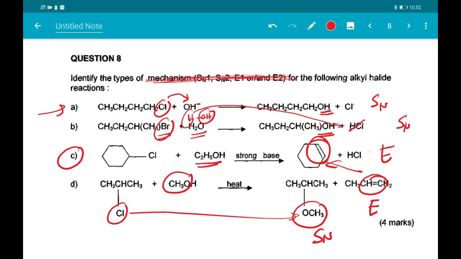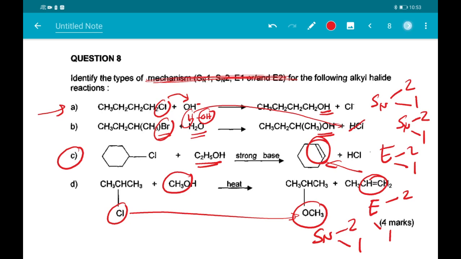Next step is we're going to determine whether it is bimolecular or monomolecular for each reaction. Okay, so for this example, it is easy for us to determine whether substitution or elimination because we already knew the product.